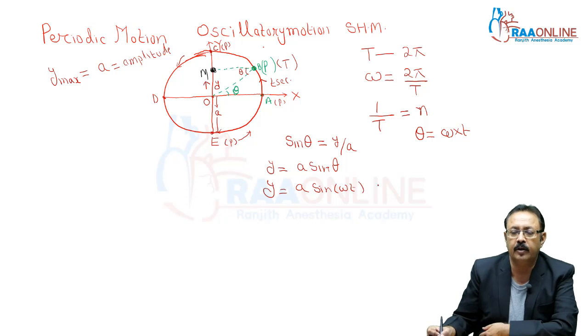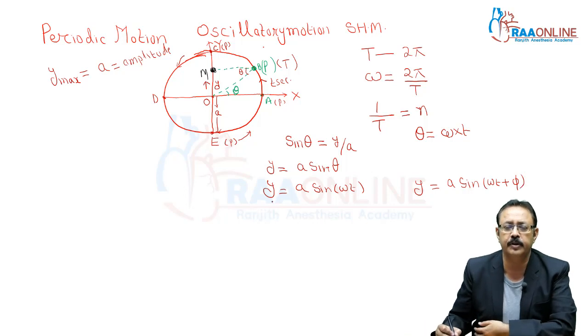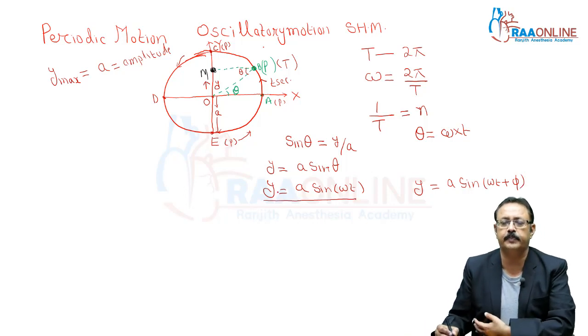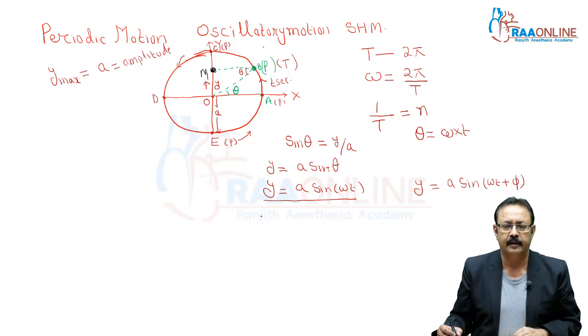If the particle is not starting from its mean position, it means some phase difference is there, so we can use the relation omega t plus phi. If starting from the mean position, this is the equation of displacement. Next, if we differentiate this equation, we will get the equation of velocity, because velocity is the rate of change of displacement.